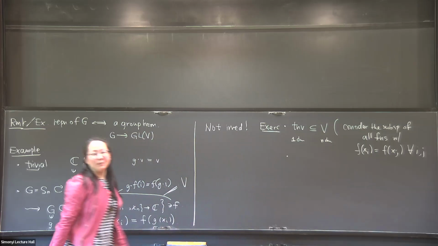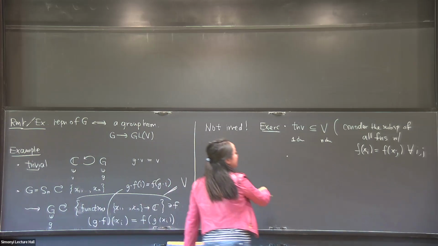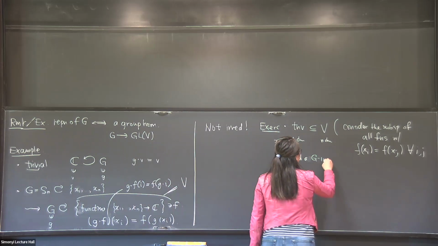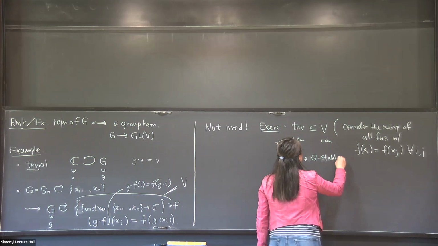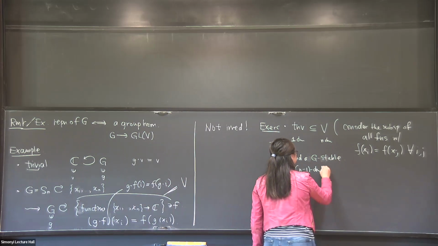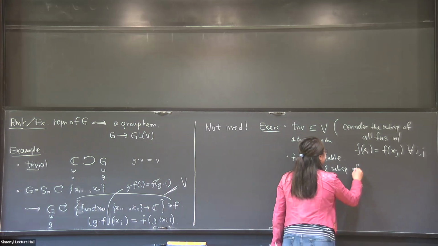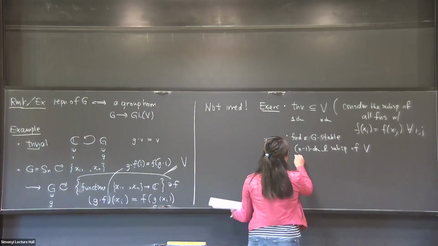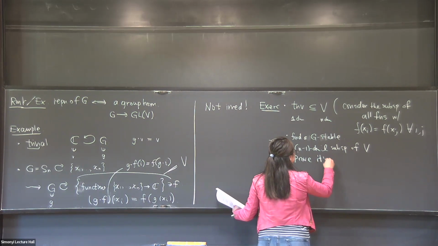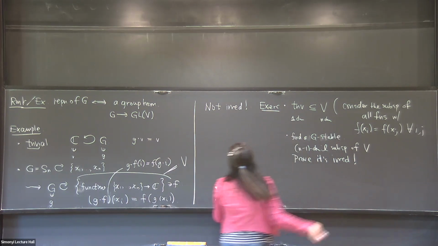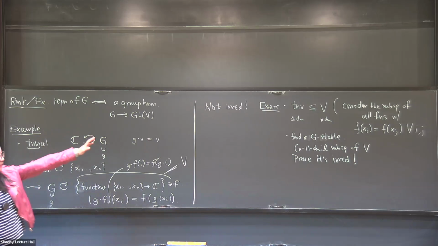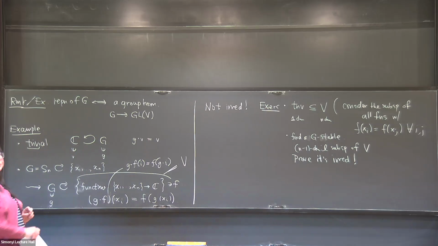So there are n-1 dimensions that we haven't accounted for, and so here's an exercise: find a G-stable n-1 dimensional subspace of V. And then part 2 is prove it's irreducible. So in this case, what we see is that we constructed some space of functions. It wasn't irreducible. It had the trivial representation inside it, and it has this other representation inside it. And those are the only two. Those are the irreducible components of this representation.